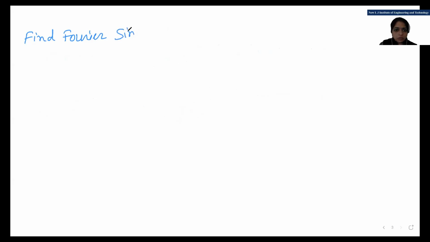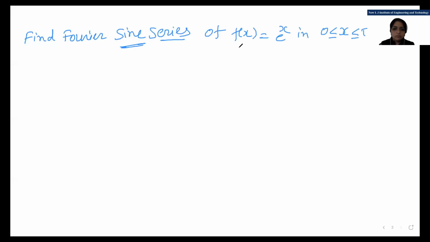This is the most important word. Sine series. This is sine series. Find Fourier sine series of f of x is equal to e raised to x in the interval 0 less than or equal to x less than or equal to pi. So they want sine series and the given function is e raised to x.